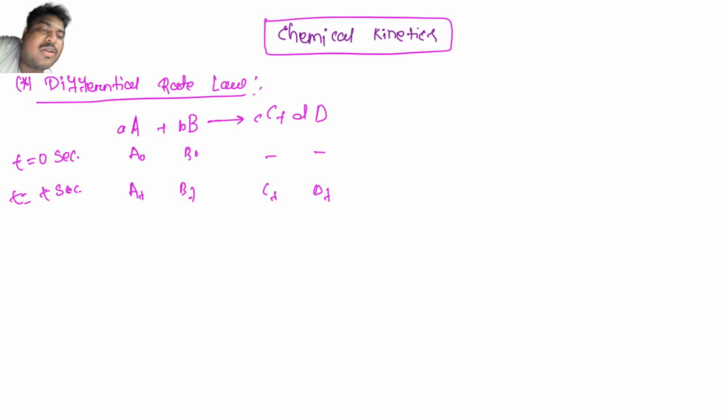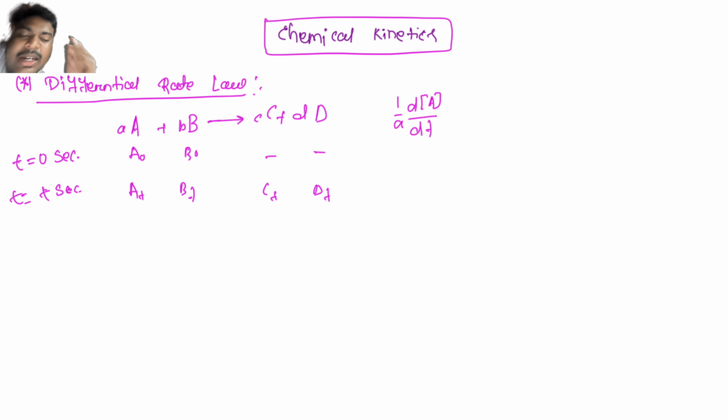It's good. Now we can write the differential rate law. First we have to take the reciprocal of the coefficient, 1 by a. Then differentiation will take change in concentration of A divided by change in time. Now check this: A is a reactant or product?